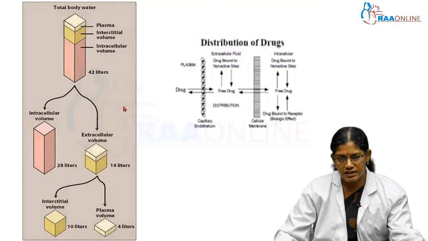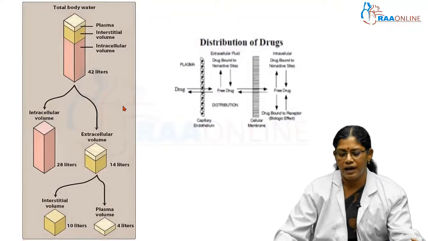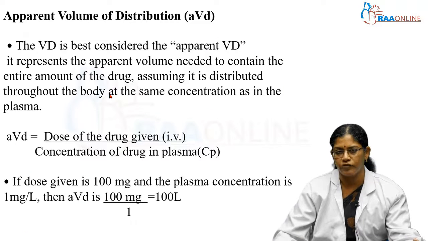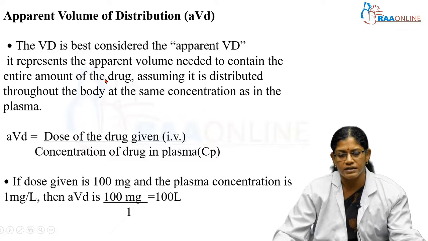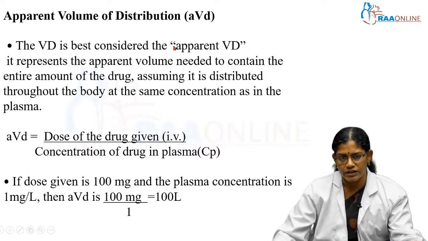And the next step in distribution is calculating apparent volume of distribution. The calculation of apparent volume of distribution is very important to understand the movement of the drug inside our body, to know the pharmacological actions and its adverse effects inside our body. So, what is this volume of distribution or apparent volume of distribution?